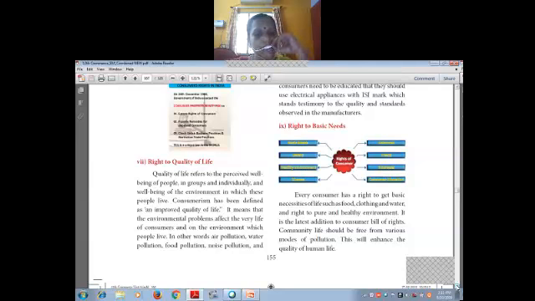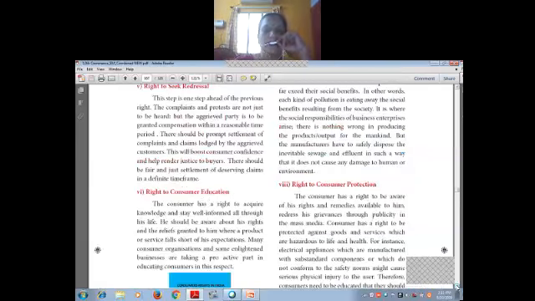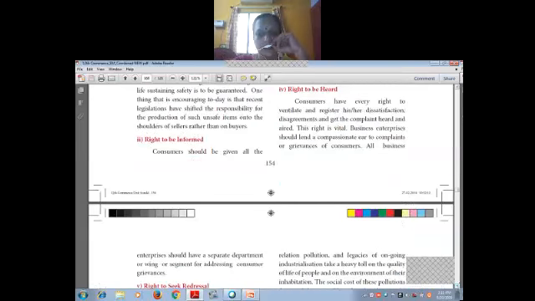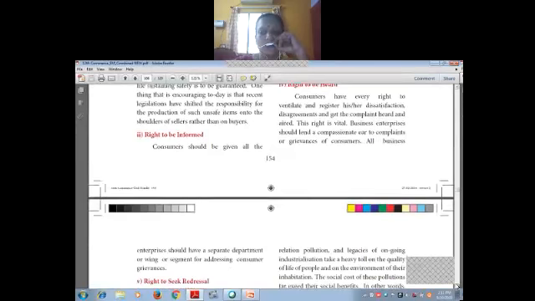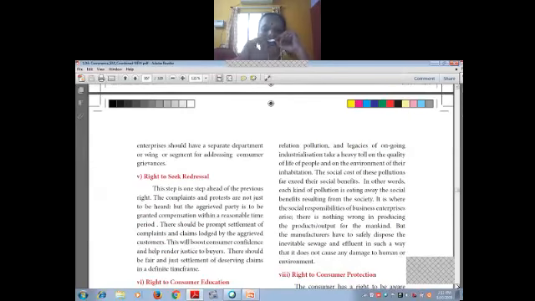In other words, pollution, water pollution, food pollution, noise pollution, and radiation pollution and the legacy of ongoing industrialization take a heavy toll on the quality of life of the people and the environment of their inhabitants. The social cost of this pollution far exceeds its social benefits. In other words, each kind of pollution is eating away the social benefits resulting from the society.